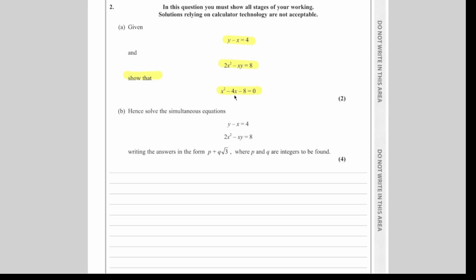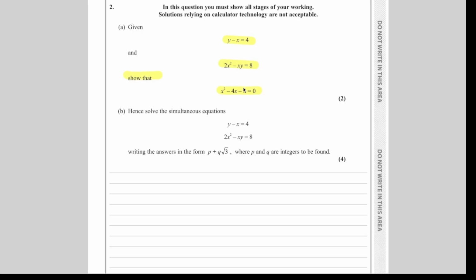I have to make y the subject and substitute it into the other equation, which is the elimination method of simultaneous equations. If two equations are given and you are asked to form a certain equation, you are under the theory of simultaneous equations.